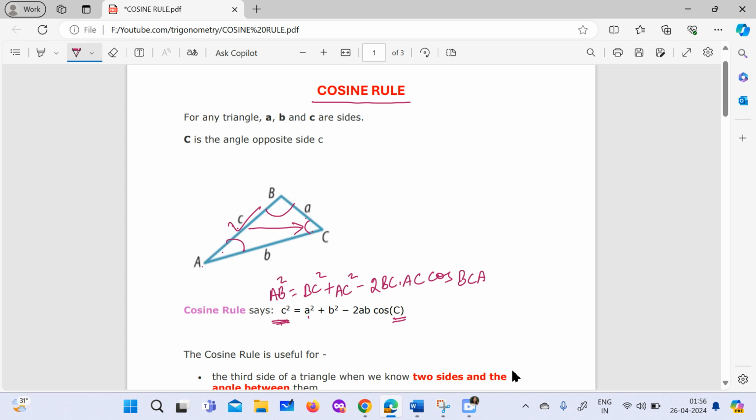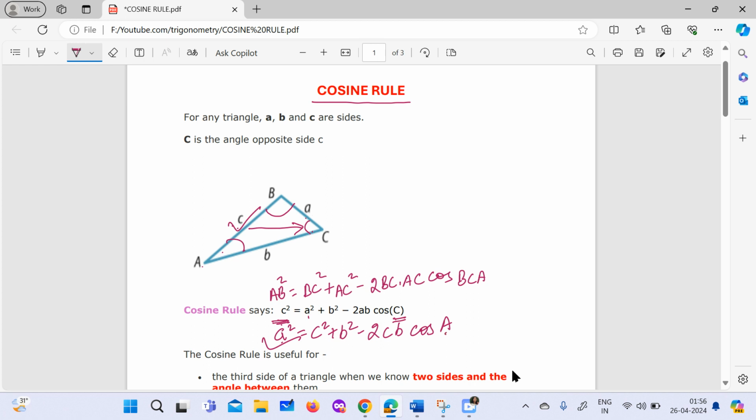Okay, so whenever we get any question in exam, it's better to write in this way with reference to the sides and angle. This can also be written as a square is equal to c square plus b square minus 2cb cos a. As we are mentioning the side a here, therefore we can write here cos a, that is the angle a.